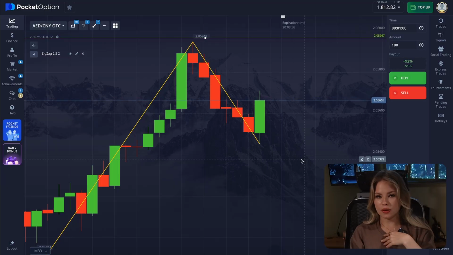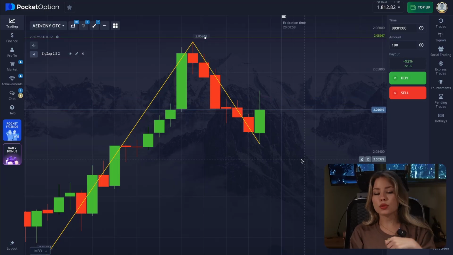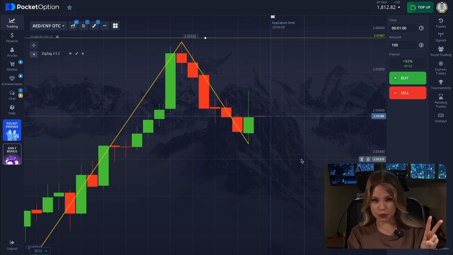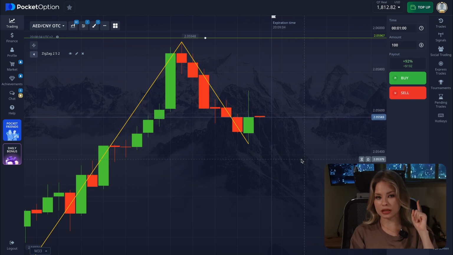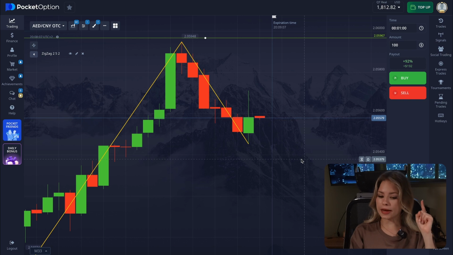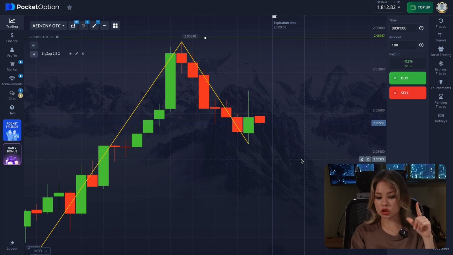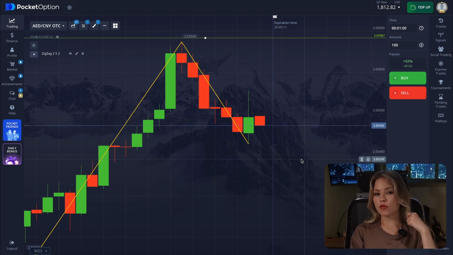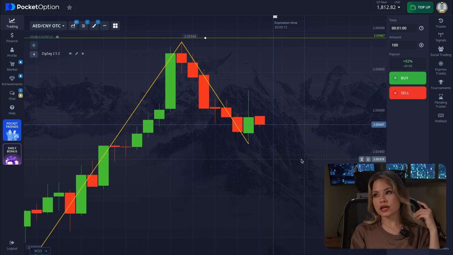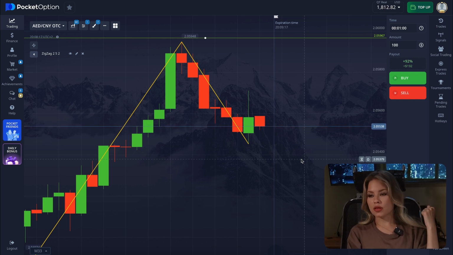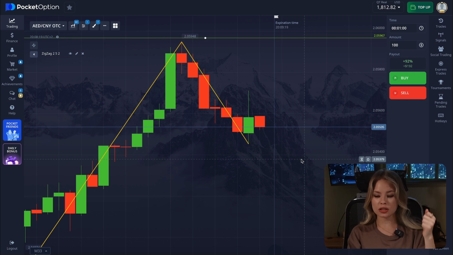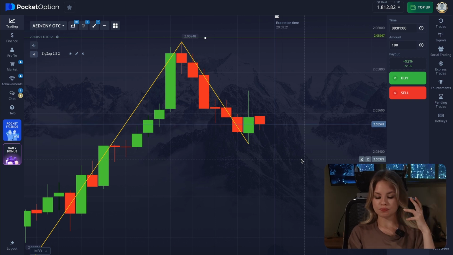I think that this indicator will fit the two main groups of traders. The first group is beginner traders, who are only learning to understand the market. For beginners, I recommend not to use ZigZag as the main reason to enter a position.